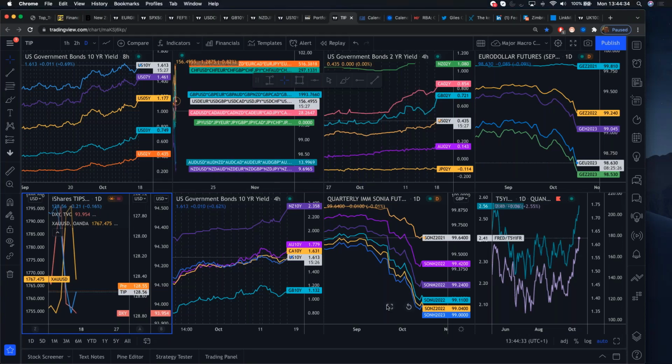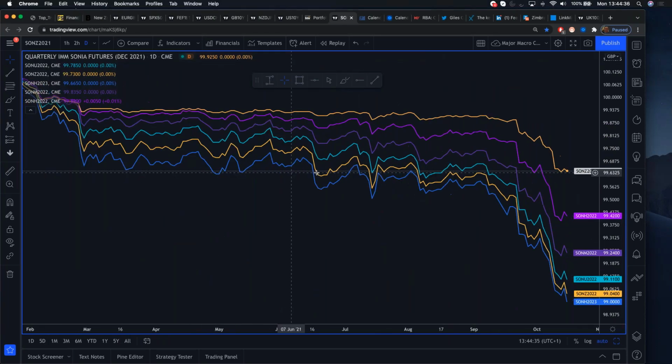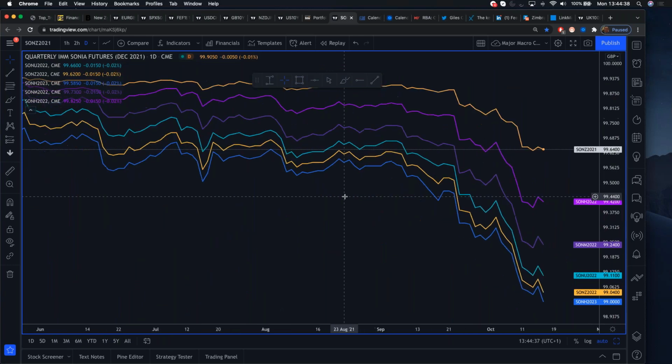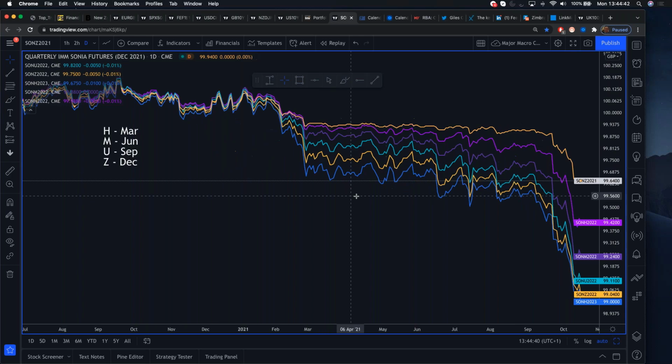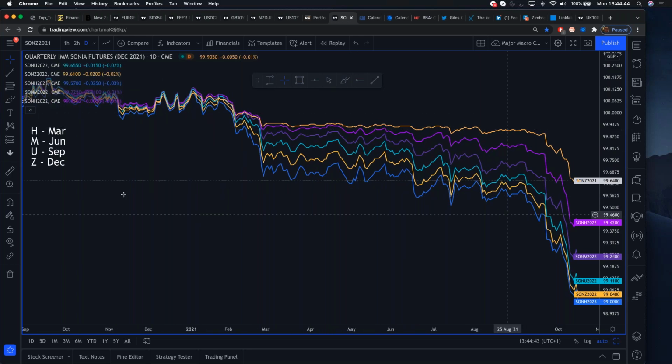Now, these SONIA futures show you what market participants are thinking about coming UK interest rate hikes. The way you work them is you take a SONIA future, say the September contract, so 2022 September 99.11, the current interest rate is 0.10.